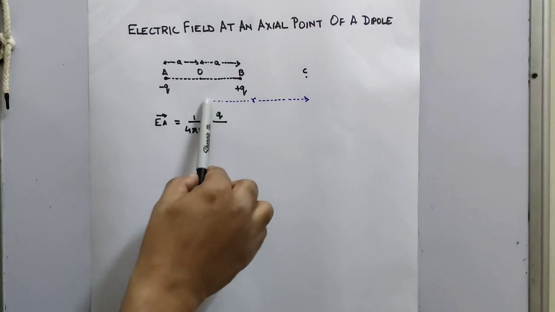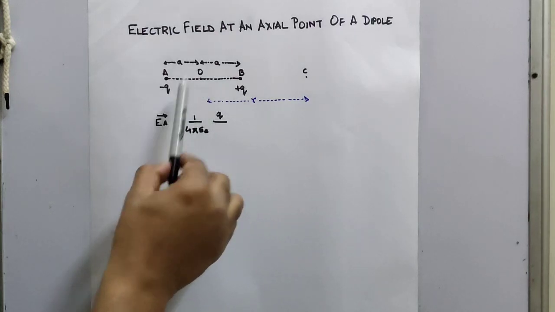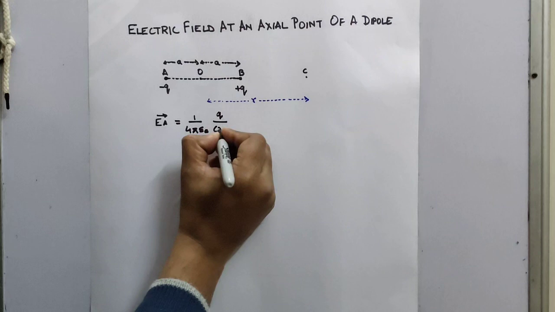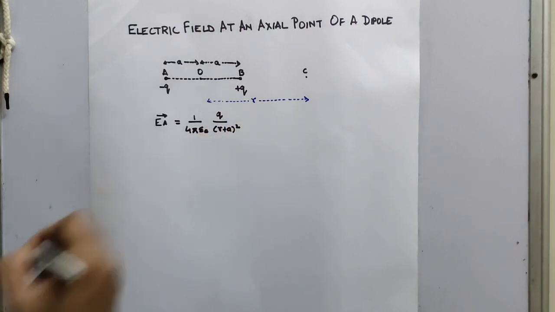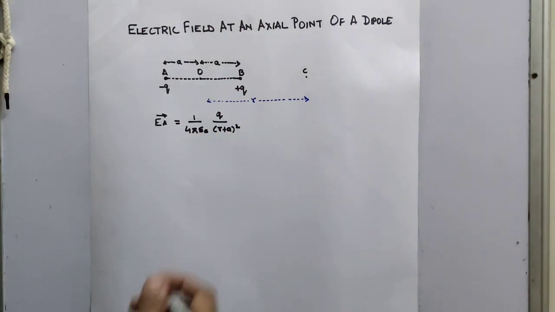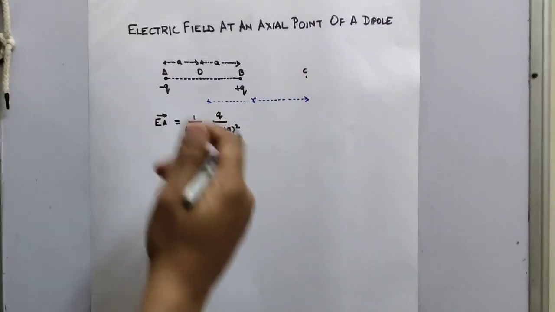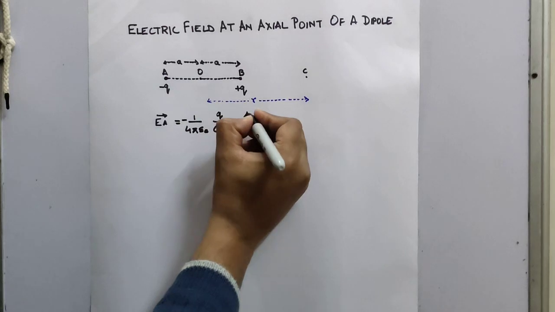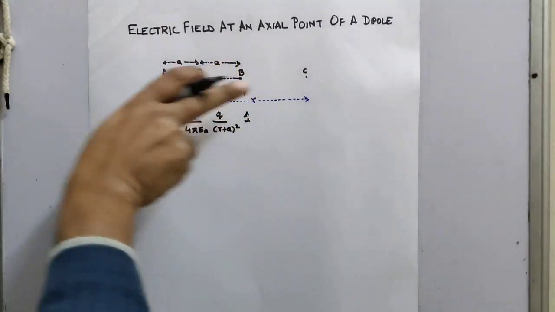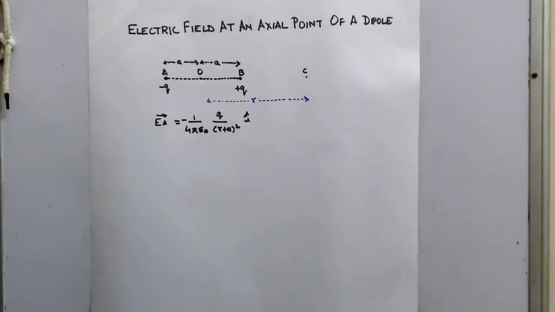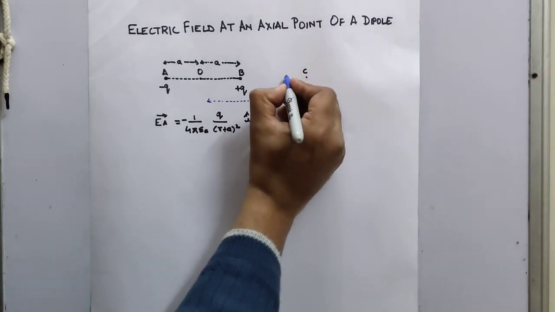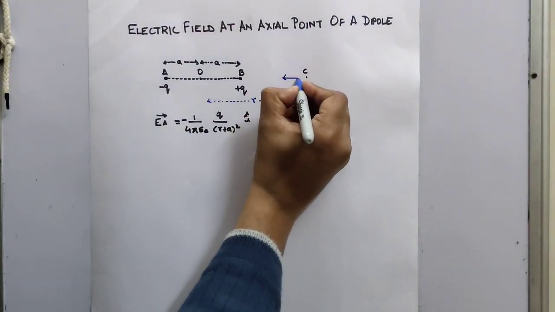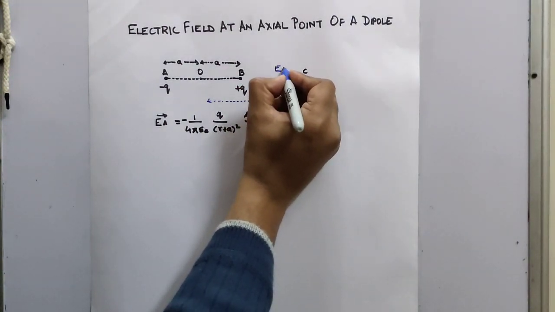The distance is R plus A, so it will be R plus A whole square. And we are taking the direction towards A as minus i cap. We are considering this as the negative x direction and the right direction as the positive x direction. So the electric field EA will be in this direction. Say this is EA.